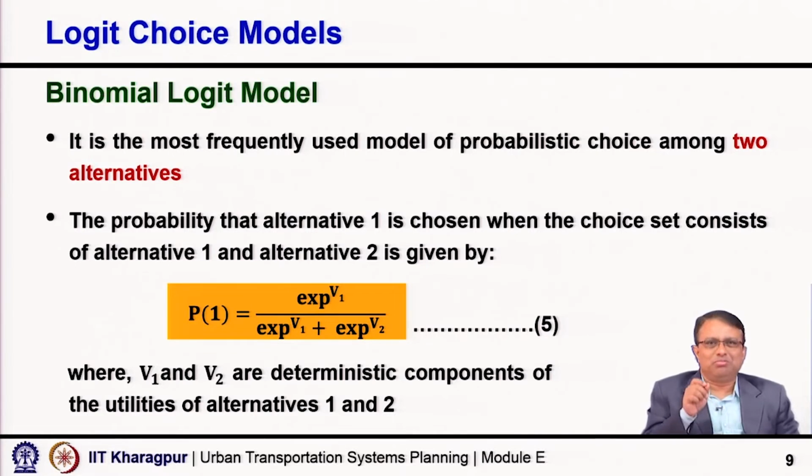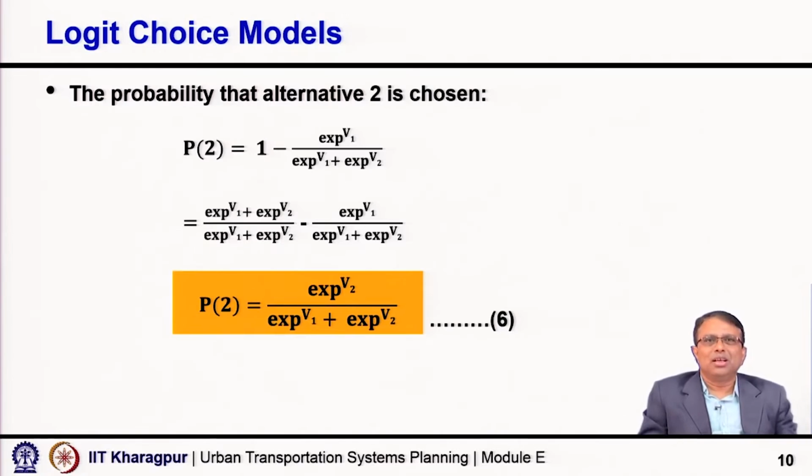If the value V changes, how is e to the power V changing? Second, how will the change in V1 and V2 be reflected in the probability? We shall slowly try to understand those.